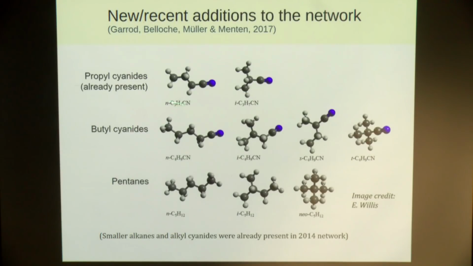So we've got the straight chain form N-butyl cyanide. We've got 2 singly branched forms, iso and sec. And then we've got this tert form that is doubly branched, if you like. It's this kind of cross shape. And then we threw in some other pentanes just because we didn't think the network was complicated enough already.